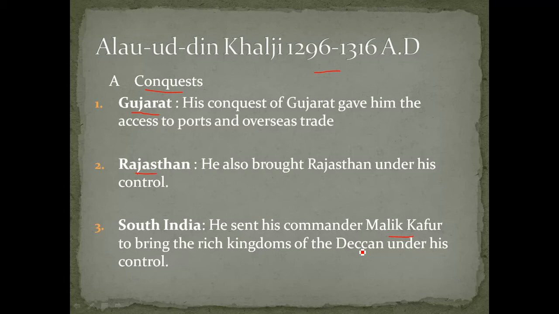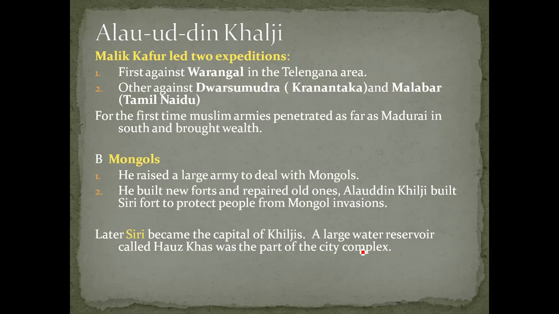Now, when we talk about the two expeditions in South India, the first one was against Warangal in the Telangana area. The other was Dwarasamudra, the modern day Karnataka, and Malabar in Tamil Nadu. For the first time, Muslim armies penetrated as far as Madurai in the south and brought wealth. So this is very important.